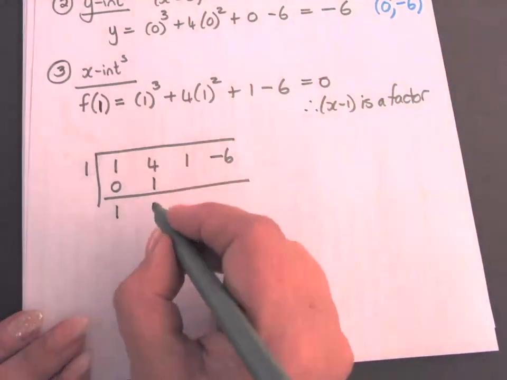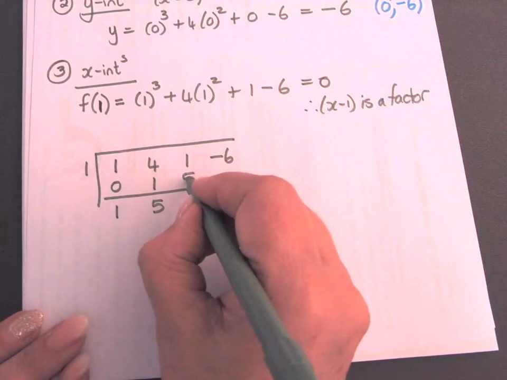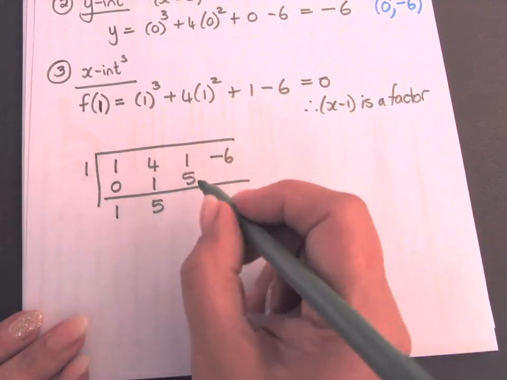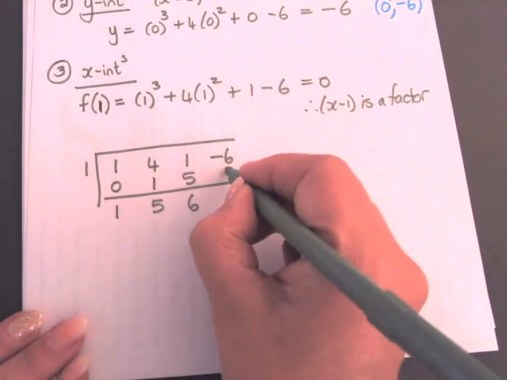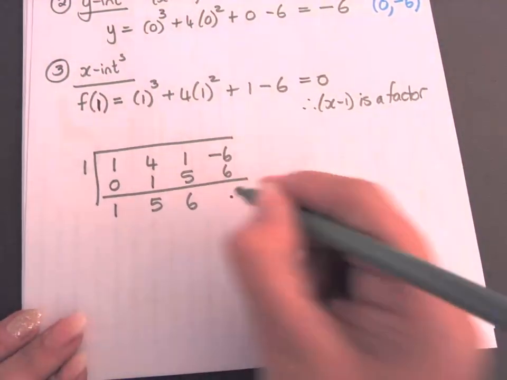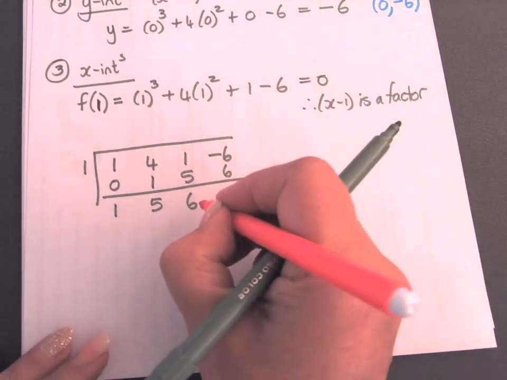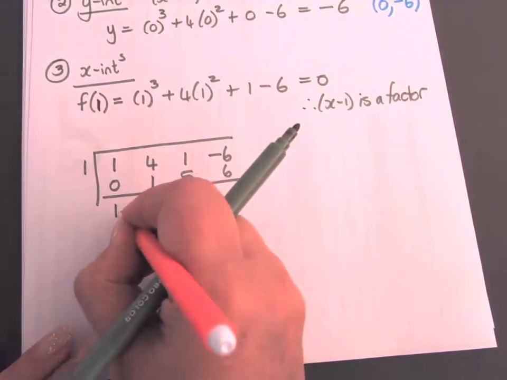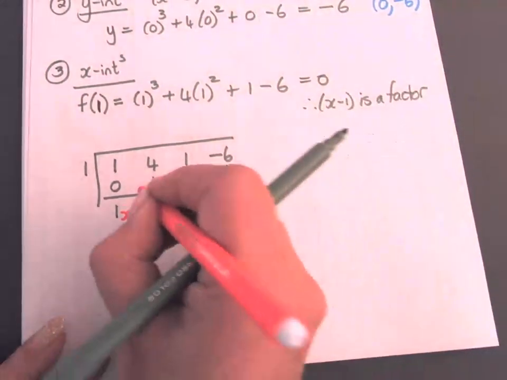Add, 4 plus 1 is 5, multiply, 5 times 1 is 5. Add, 1 plus 5 is 6, multiply, 6 times 1 is 6. Add, dot. Now you write your variable, it's x, x, x, and you put in your exponents, 0, 1, 2.